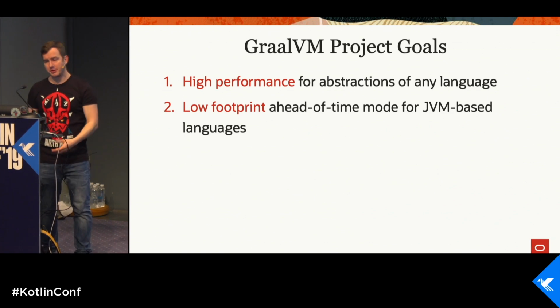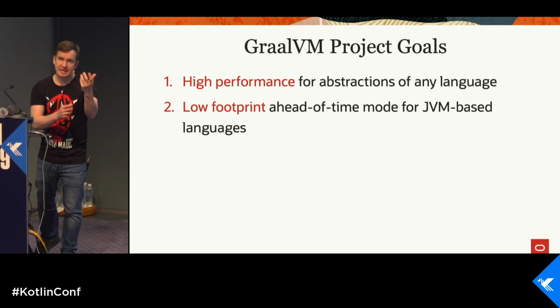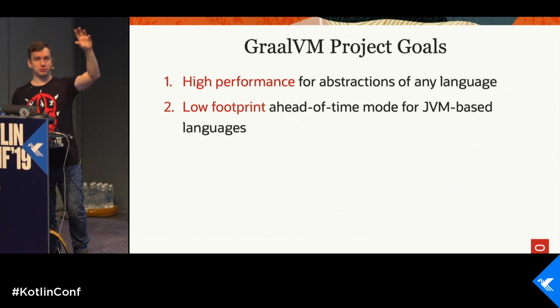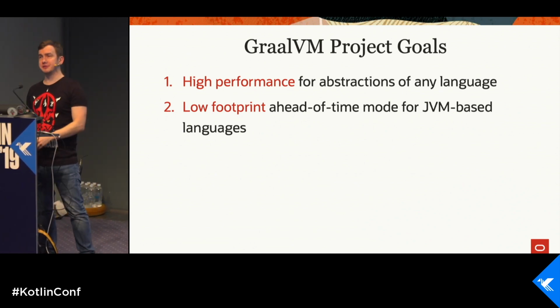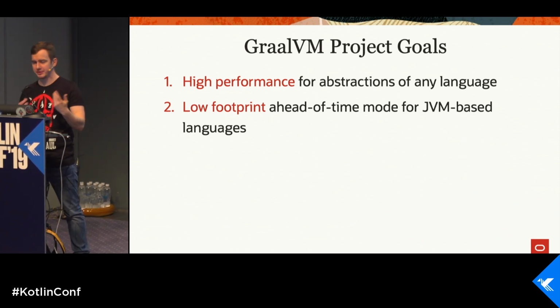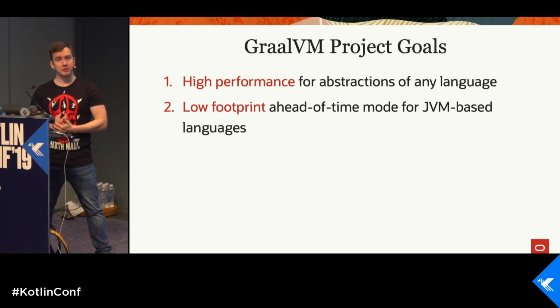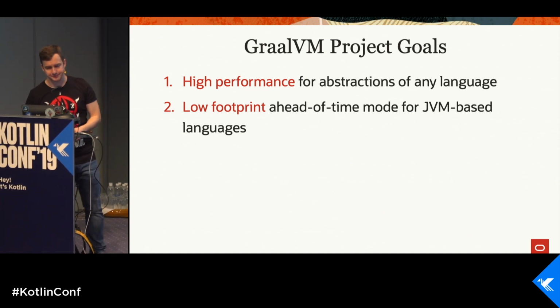There is an ahead-of-time compilation mode for JVM-based languages where you can get your application to a native binary, not unlike Kotlin Native, but for the JVM-based languages, including the Java platform. And that could be used in cloud environments where you need faster startup and lower memory overhead.